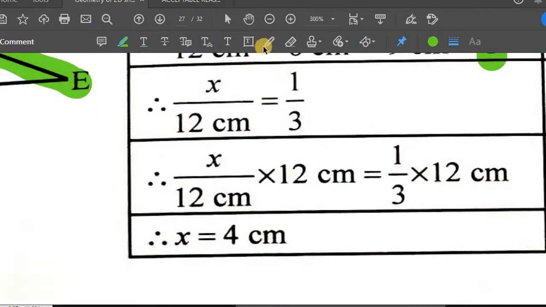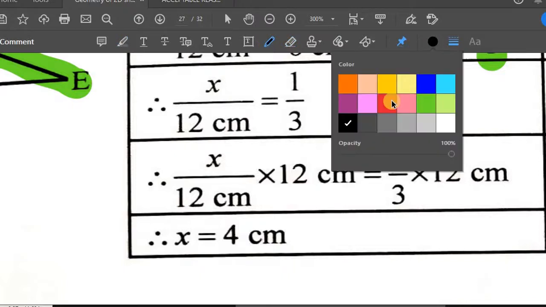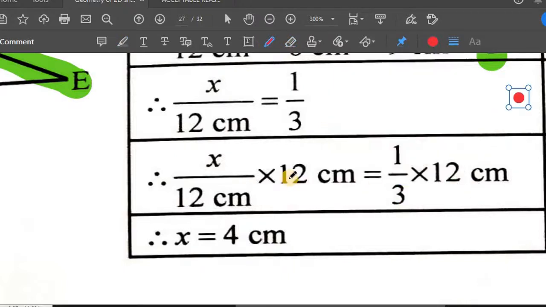Now this is using a different method that I don't really use, but let's go with it. Then I'll also show you my method. Now we've got x divided by 12. The opposite of x divided by 12 is x over 12 times 12. What happens here is that this divide by 12 is cancelled out by the multiplied by 12.